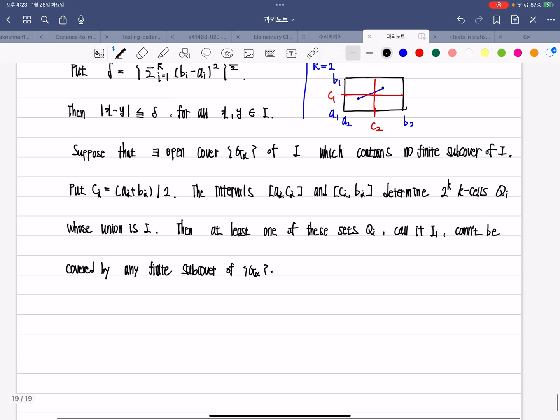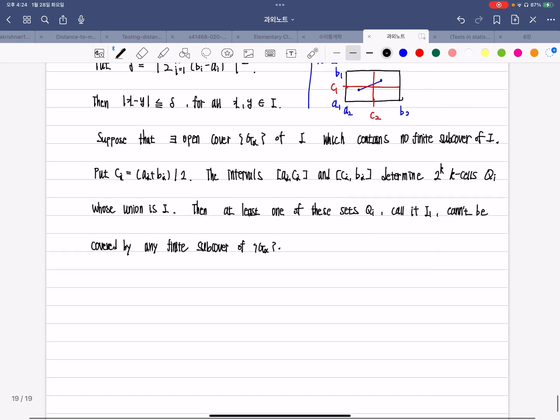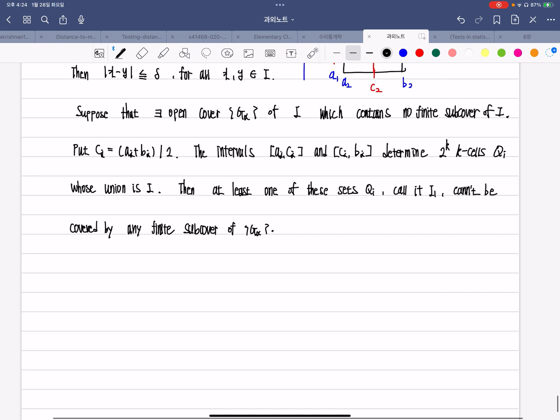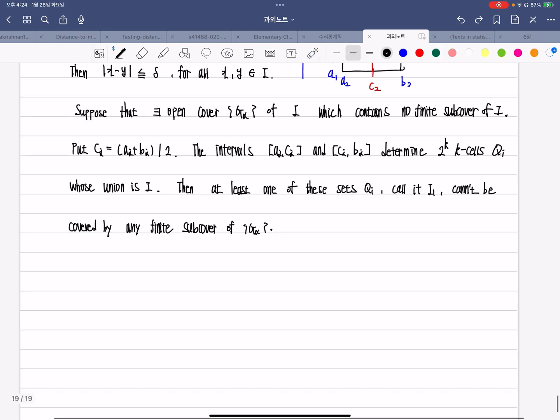Otherwise, any Q_i can be covered by some finite subcover of G alpha. Then this I is covered by a finite subcover of G alpha. So it is impossible under our first assumption. It is impossible.